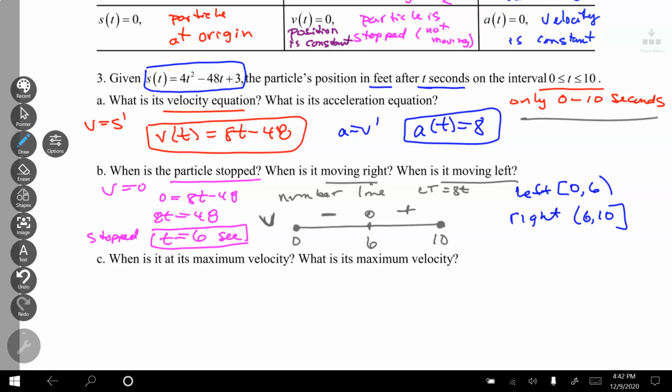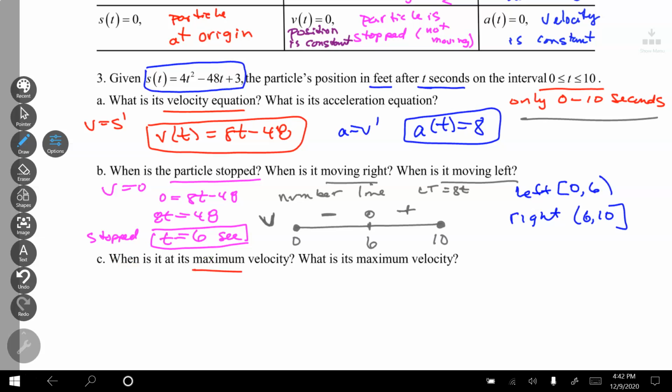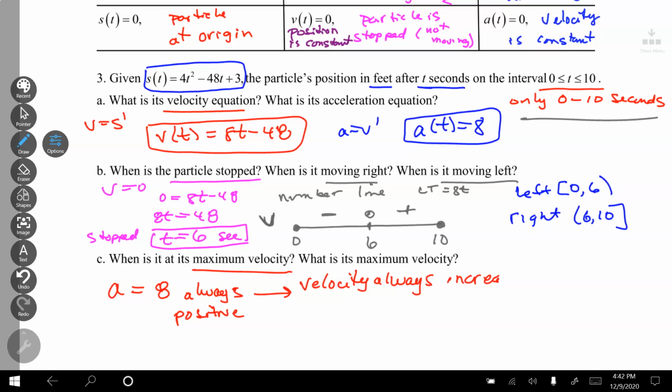So then it says, what is its maximum velocity? Well, let's look at acceleration. The acceleration is equal to 8, which means it's always positive. That means velocity is always increasing.